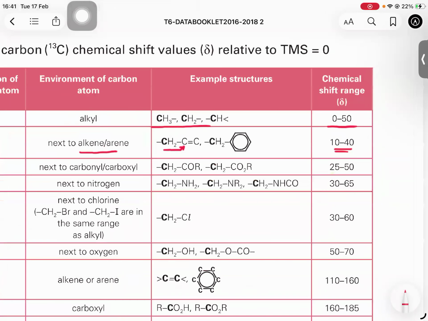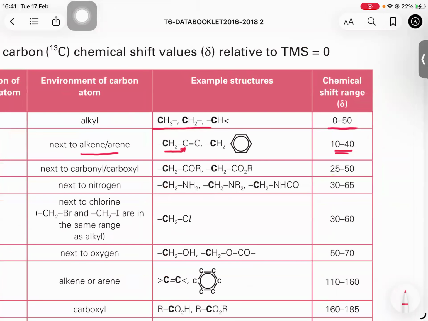So what about this, next to carbonyl? CH2, 25 to 50. Next to carbonyl, 25 to 50.